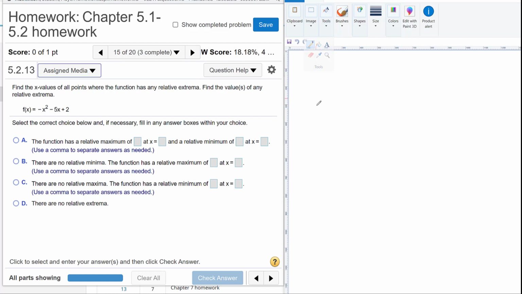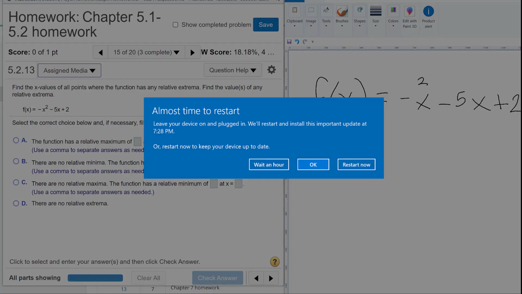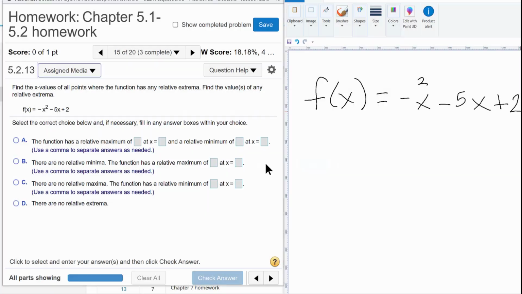So we've got f of x equals negative x squared minus 5x plus 2. Now, if you remember from your algebra days, this is going to be a parabola that's upside down. All right, so let's see if we can see why.